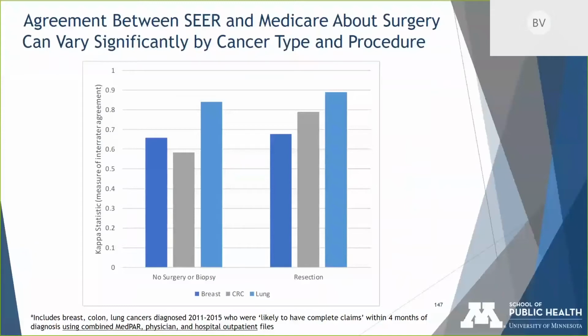And overall, you can see fairly high concordance between the 2 sources, which ranges from about 70% to 90%, depending on the cancer of interest. You also see fairly high concordance, but there is some significant variation between SEER and Medicare on whether or not an individual had no surgery or biopsy for their cancer.